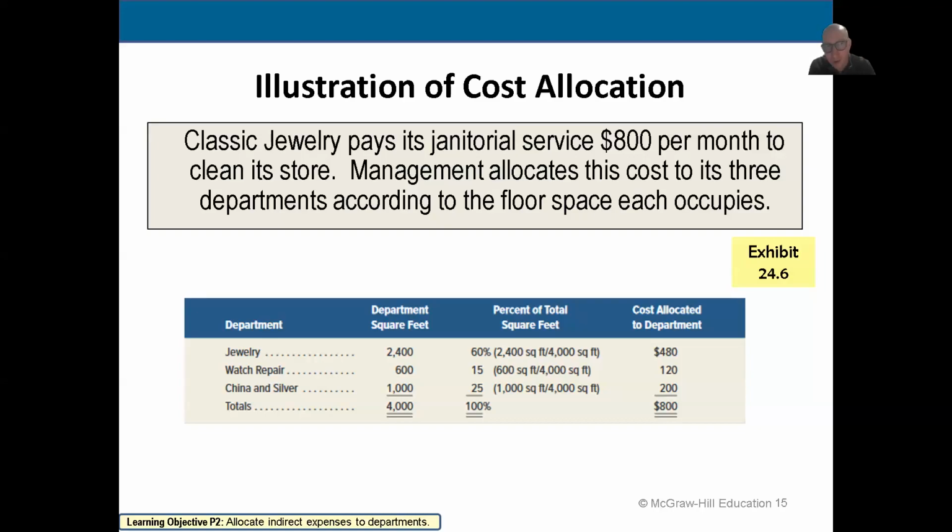That is how we allocate an indirect expense that came from a service department.